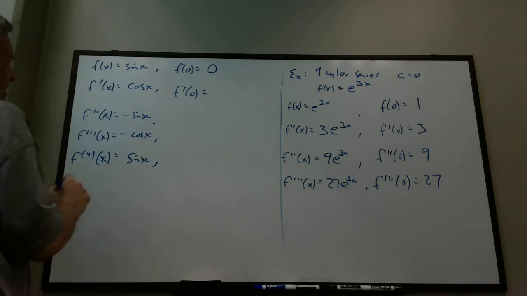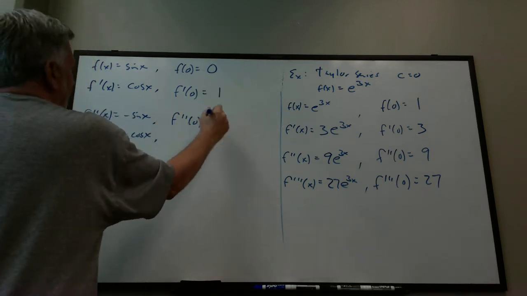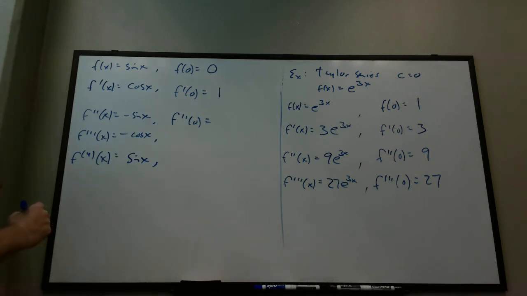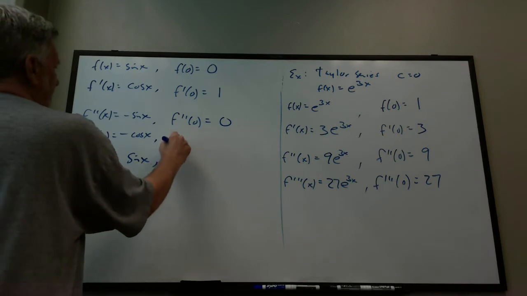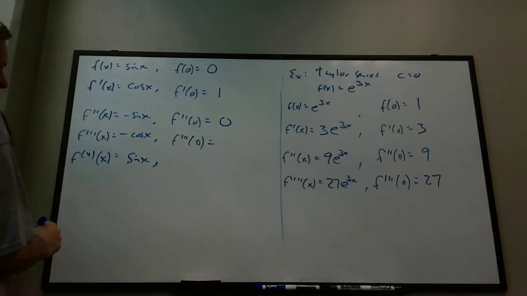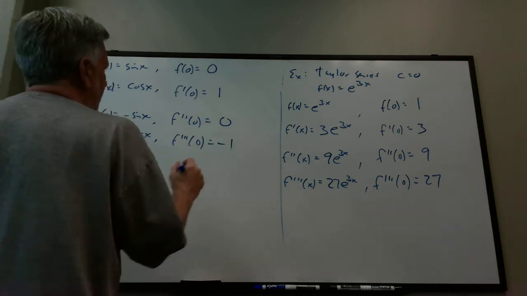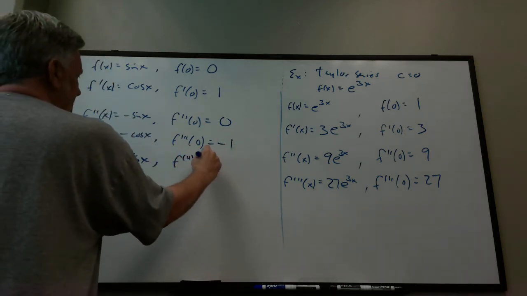And then cosine of 0 is 1. And then minus sine of 0 is 0 again. And then minus cosine of 0, that's negative 1. And then the fourth derivative, sine of 0 again, is 0.